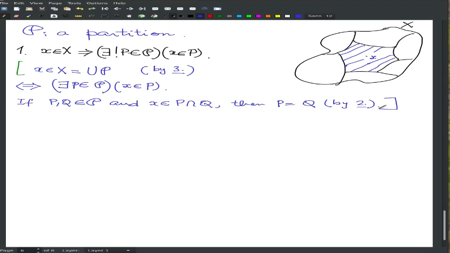So firstly, the first step shows that there exists a partitioning set which contains x, and the second one shows that such a partitioning set has to be unique, because you have told me any two partitioning sets are either disjoint or equal. Okay?